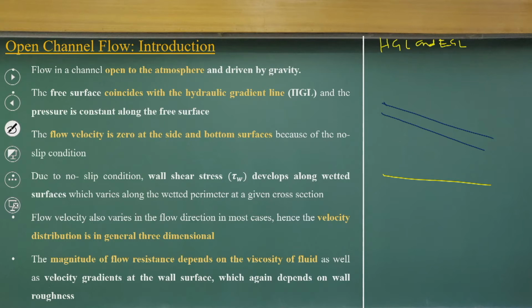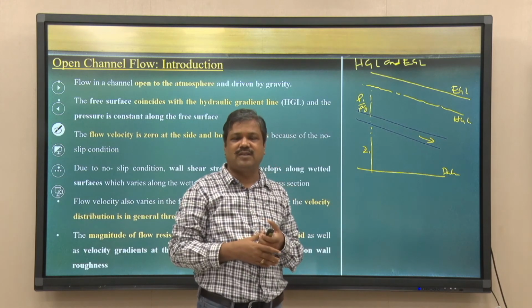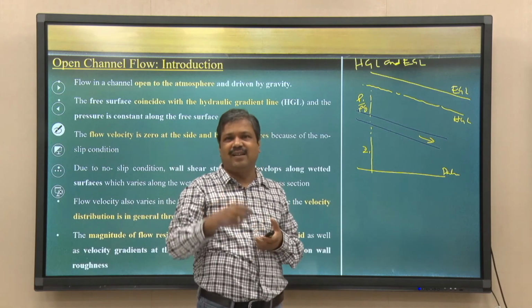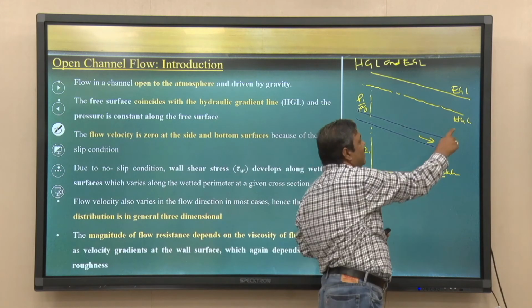If it is going like this, Z1 is from a particular datum, that is the datum head, then you have the pressure head, P1 by rho g. Then you start the hydraulic gradient, and just on top of that you start the energy gradient line. That is what we did for pipe flow, and that is the way we reflect how the energy distributions and losses happen, or how the energy gradient lines are at each point of a pipe network, with a very simple representation through the energy gradient line and hydraulic gradient line.